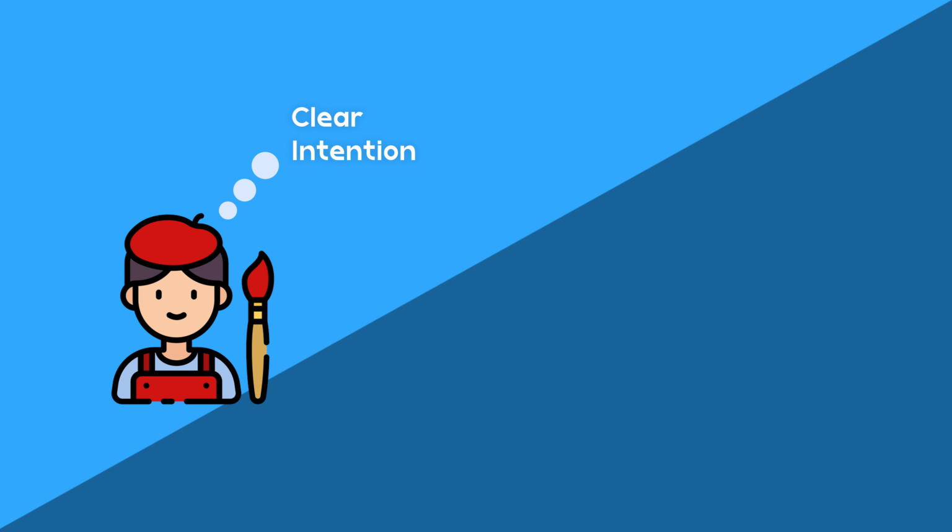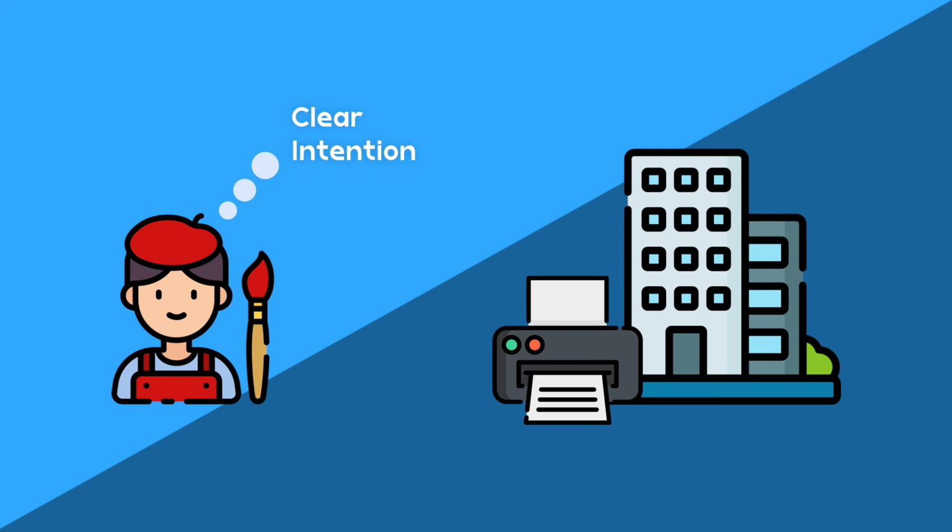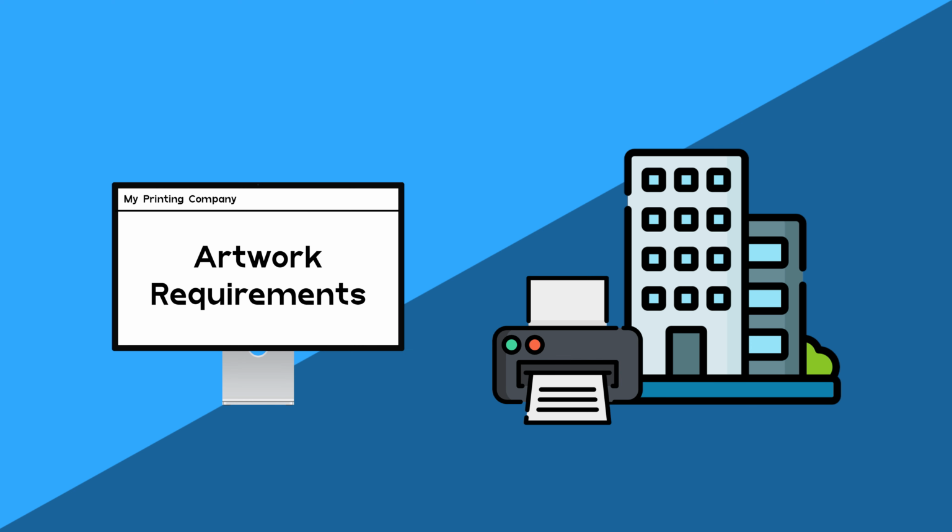So, with that clear intention to design for print, you should also establish who your printing company will be before you actually start designing anything. Printing companies typically have an artwork requirements section on their website, which outlines the minimum expectation of your file format and the way that it should be set up, such as the resolution, DPI, and other factors.